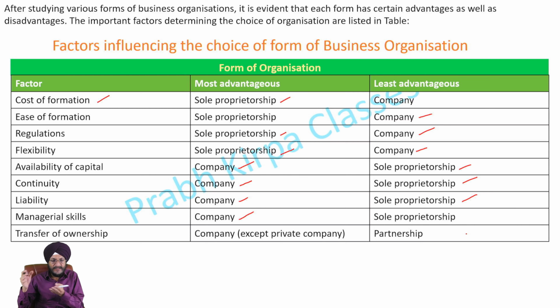Same is the case with cooperative societies, which also cannot afford to hire specialists by paying hefty salaries. In the case of sole proprietor, he himself takes all the decisions, so he may lack managerial skills.